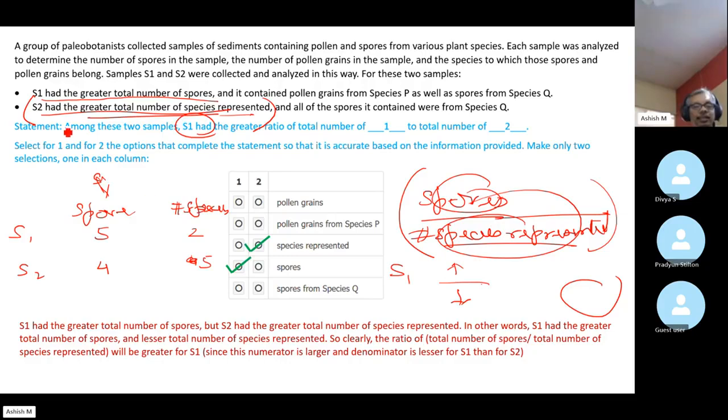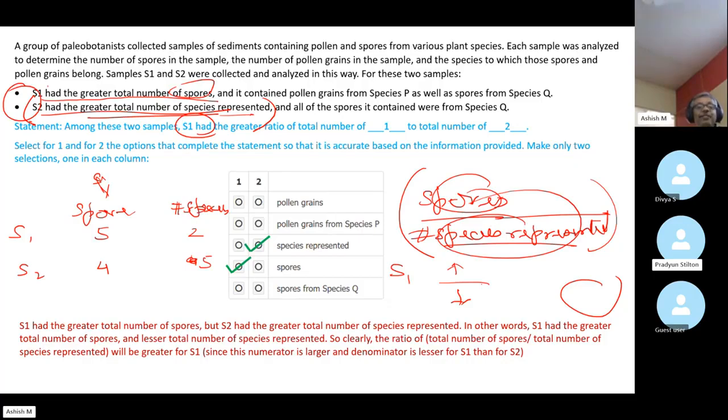See, basically, notice the way they are representing S1 and S2. S1 had a greater total number of spores would basically mean the S1 sample had a greater number of spores than S2. I do agree with your argument as well, but I don't think mine is wrong.